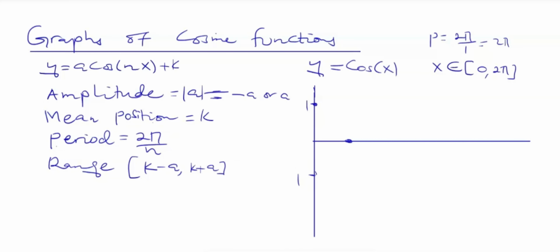The highest point back to the mean position, so our mean position is 0, and back to the mean position, lowest point back to the mean position, so that is half pi there, and that's going to be 2 pi.